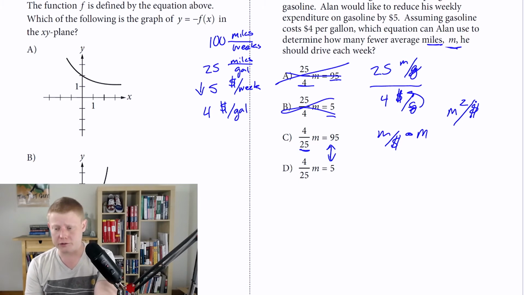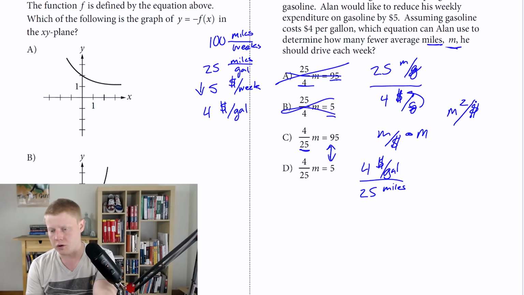Well, let's go back to our slopes again. With 4 over 25, I end up with $4 over gallons over 25 miles over gallons, and my gallons are going to cancel.